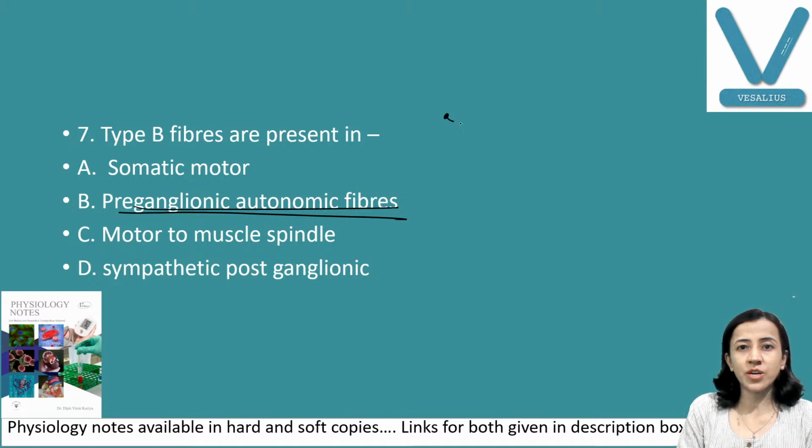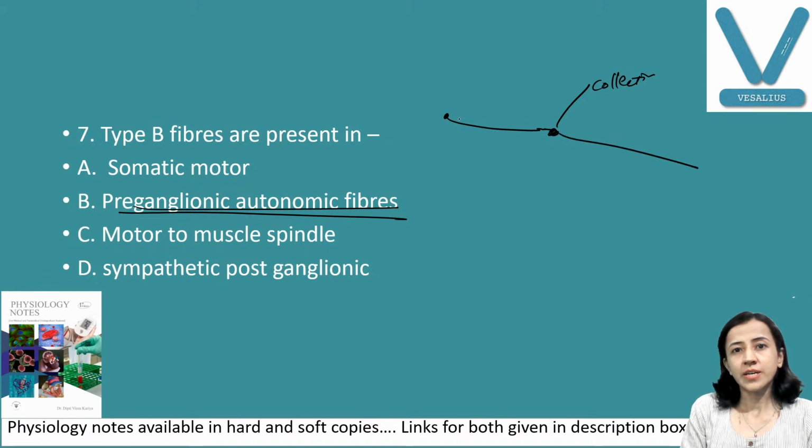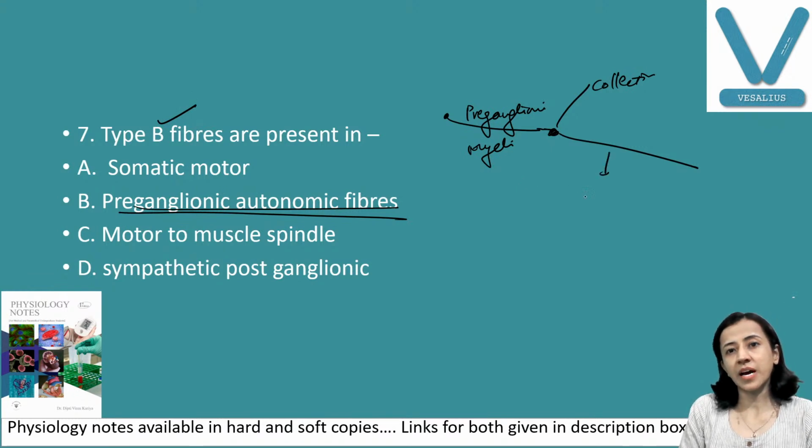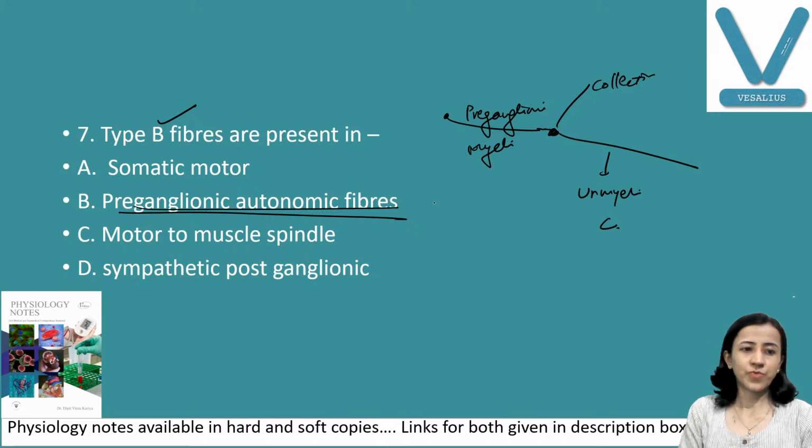It has got this ganglion. What is a ganglion? A collection of cell bodies outside the CNS. So here, these fibers are preganglionic. They are always myelinated. Myelinated ones are type B fibers. And postganglionic fibers are unmyelinated. They are C fibers. Fine.